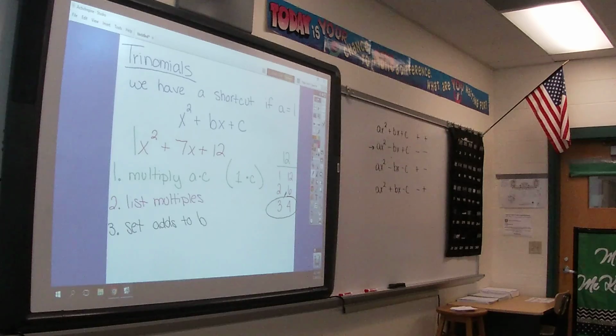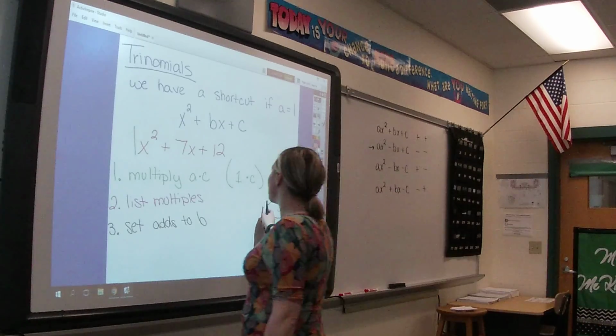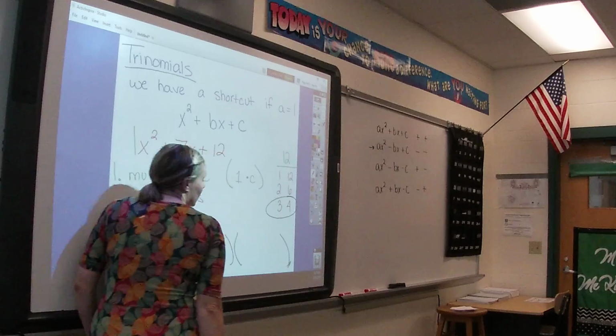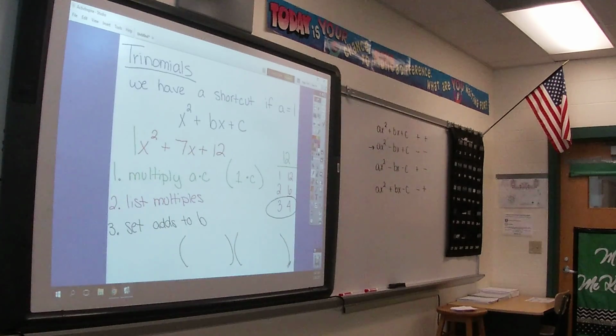Now, here is why it's a shortcut. Once we find the 3 and the 4, we do not need to rewrite it and factor by grouping. Instead, once we find this 3 and 4, we're going to write two binomials.